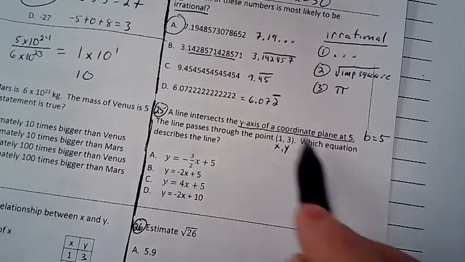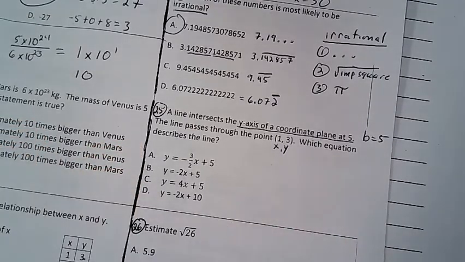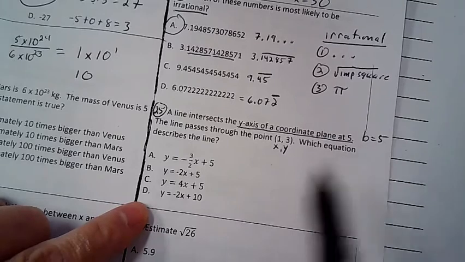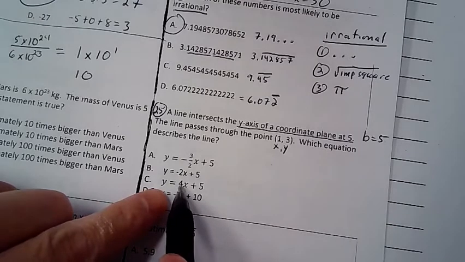Our y-intercept is 5, so let's look at these equations. The only one that doesn't have a y-intercept of 5 is D. All of the others are possibilities. Let's try the ones that don't have a fraction first. First, let's try C.